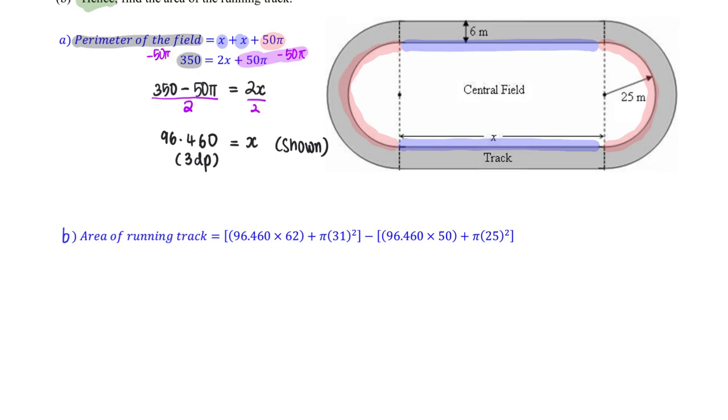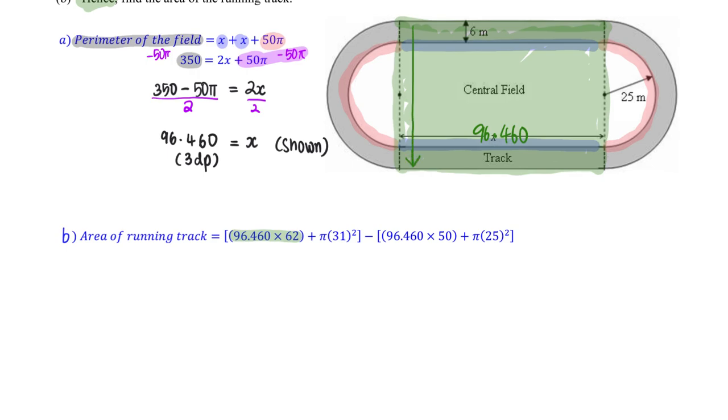It is essentially the big rectangle. This is the big rectangle, and the length is 96.460, that's my x.